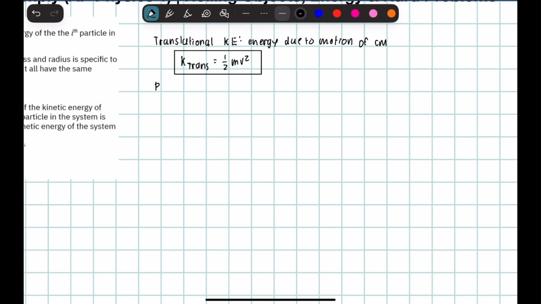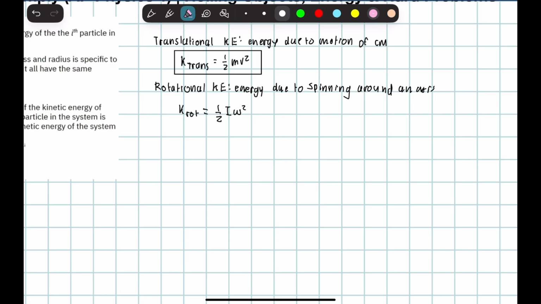Now let's talk about a new concept, rotational kinetic energy. This is energy due to spinning around an axis. And this is represented as K rotational is equal to 1/2 I ω squared, where ω is angular velocity.